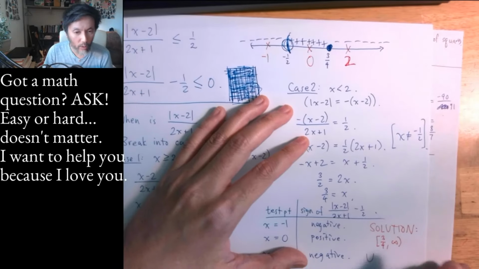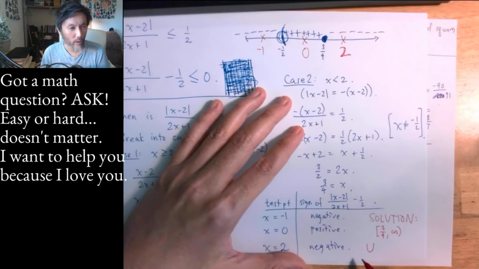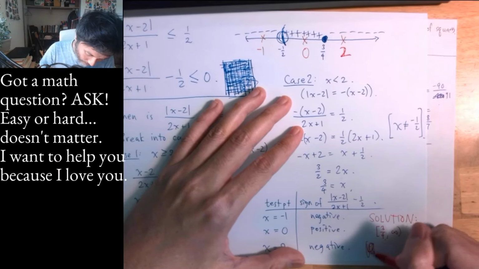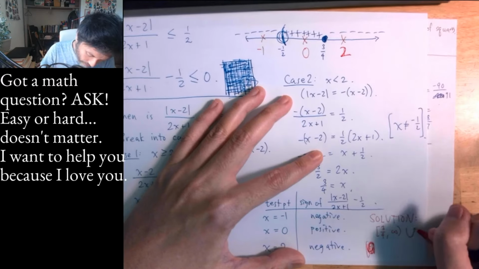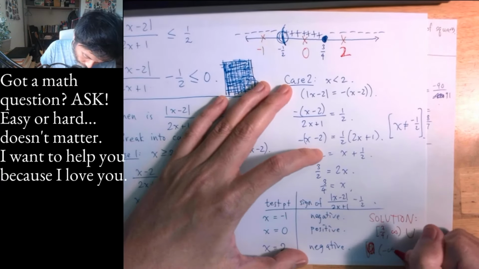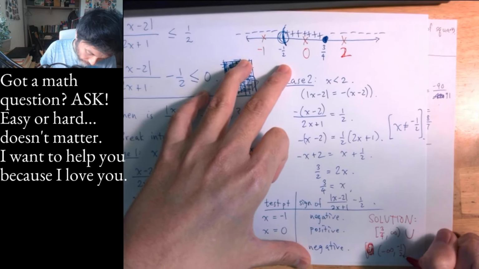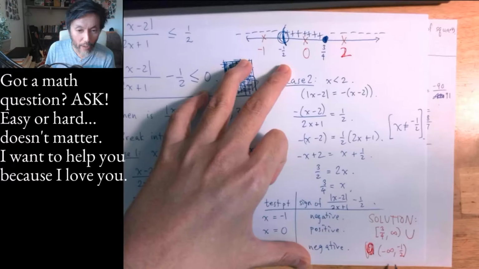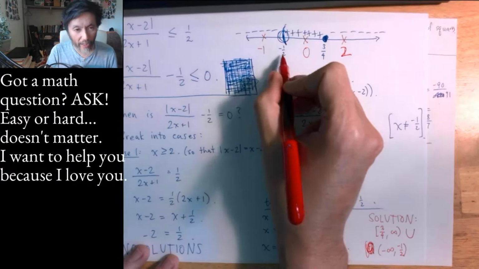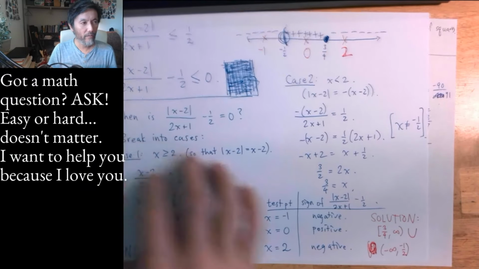That's a u without a tail. It's called union. You don't put a tail. Don't do that. Union negative infinity to negative 1/2. And we look at the round bracket on the negative 1/2. That indicates that we are excluding negative 1/2. I'm pretty sure this is right.